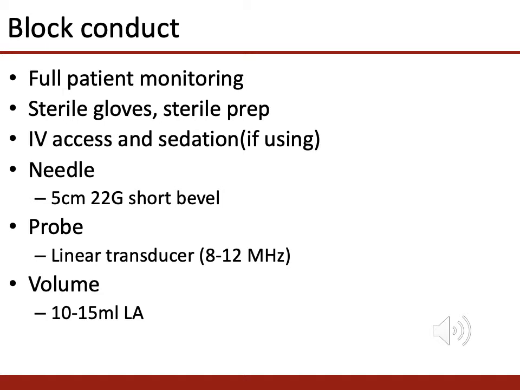The needle choice for an interscalene nerve block is a short needle. So 5 centimeter 22 gauge short bevel is best, or whatever needle that you have is the shortest length. For the probe, we use a linear transducer, 8 to 12 megahertz, and the volume typically used in the interscalene block is 10 to 15 mils of local anesthetic.